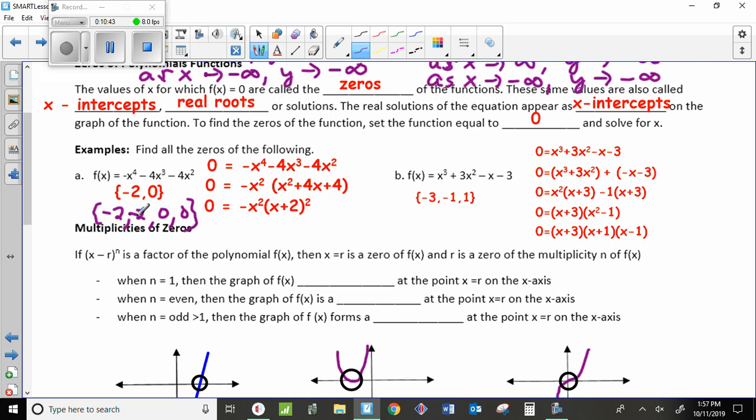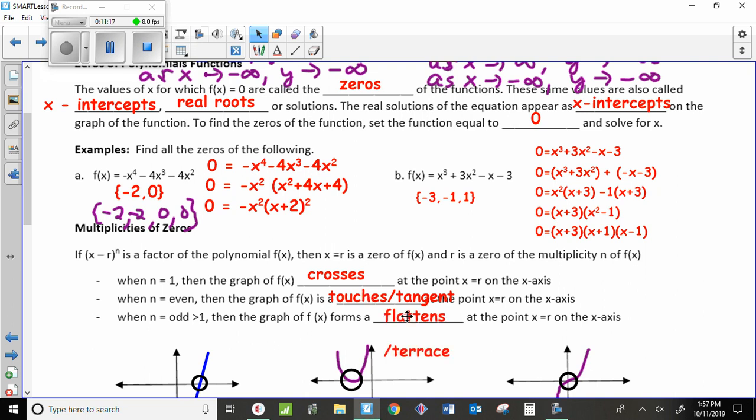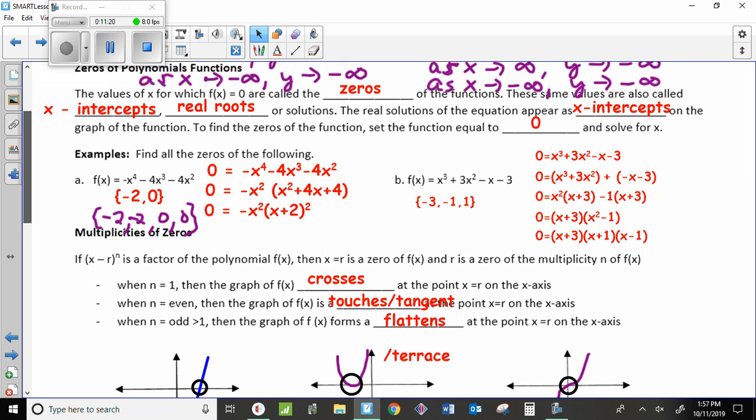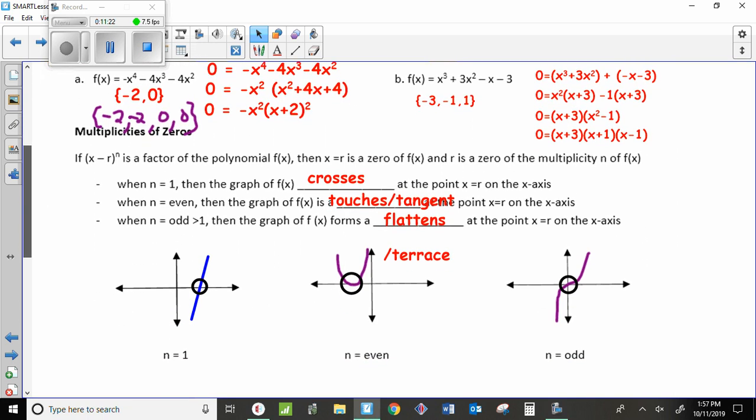When the multiplicity is 1, we know the graph will just cross the x-axis at that zero. But if n is even, then the graph of f of x will be tangent, or touch, at the point x equals r on the x-axis. When n is odd and greater than 1, say for example 3, 5, 7, and so on, then the graph of your function will flatten, like your x cubed graph, at the point x equals r.